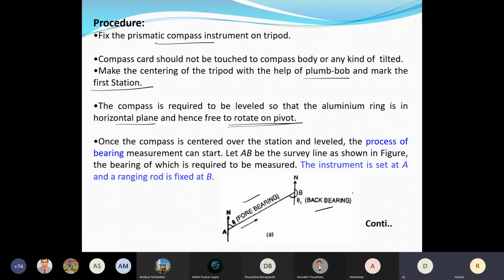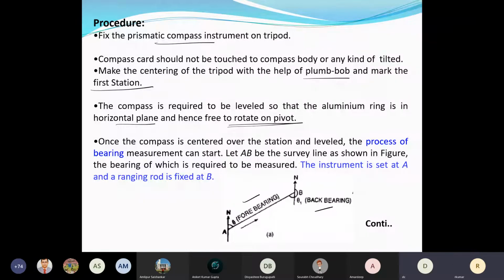Yes. The measuring circle should not touch the upper and lower surfaces inside the instrument. So it should be free to float. Okay, good. Anyone else has any other queries?